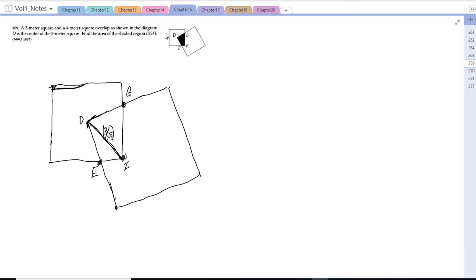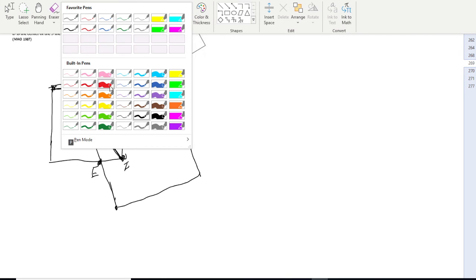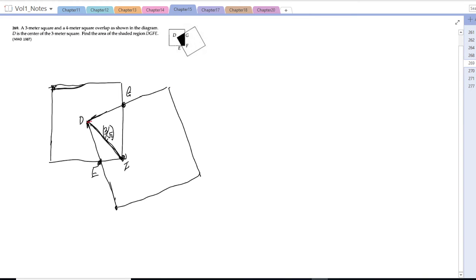So let's make some cuttings, okay? So let's draw the height of this, right? So this area and this area, right? We're cutting this one into 2 triangles, right? So we know this height is 3 over 2, right?